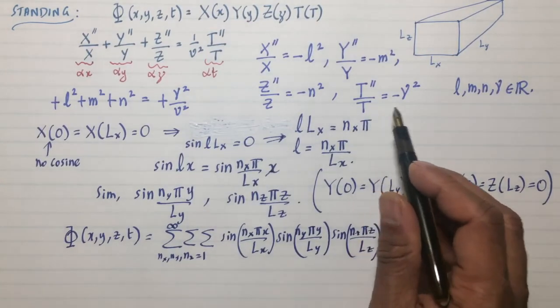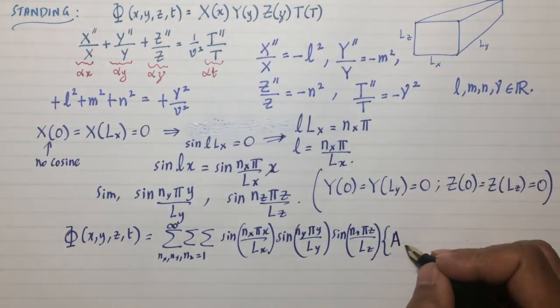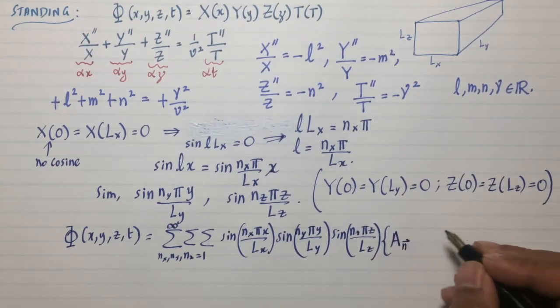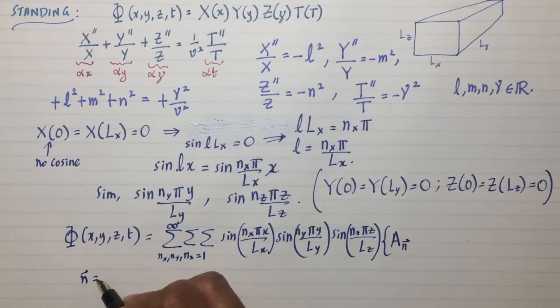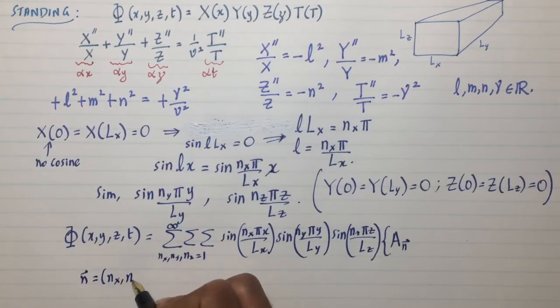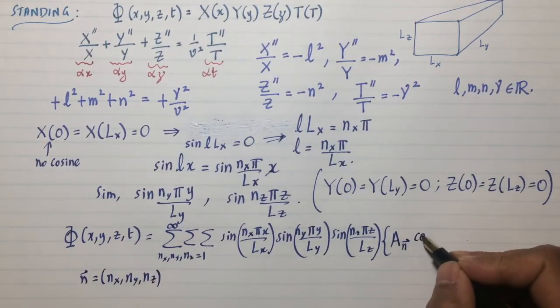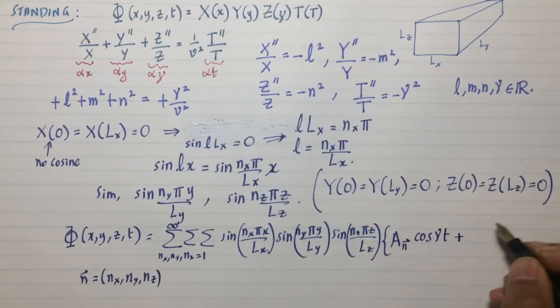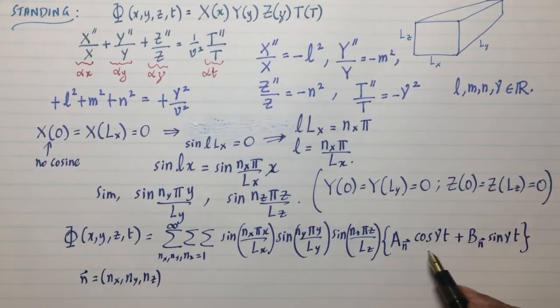Now the time variable, again, you're going to get sines and cosines, but now the a's are going to be indexed by a triple where n vector is nx, ny, nz, times cosine of gamma t plus b n vector sine of gamma t, with the understanding that gamma is not completely independent.